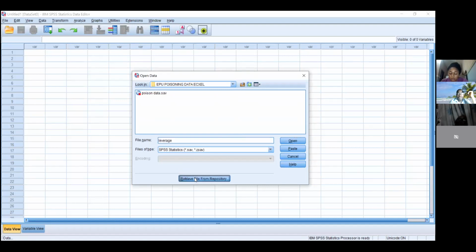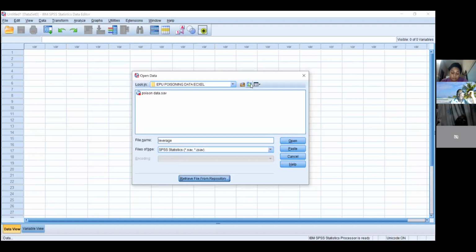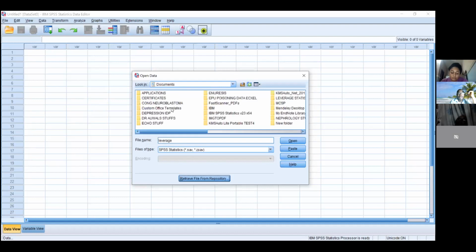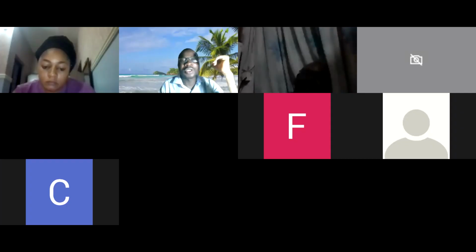Yes, it's there. ABO blood group, that's the first one. Double click on it. Yeah, that's great.